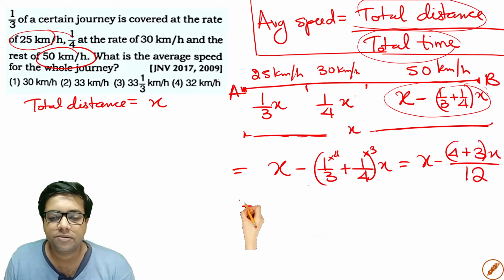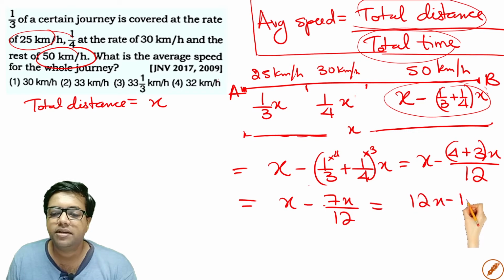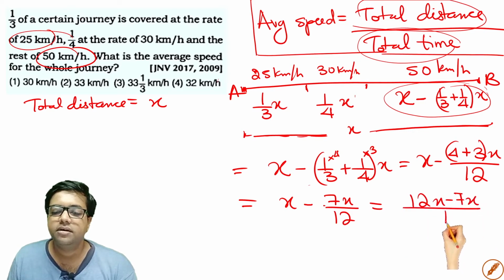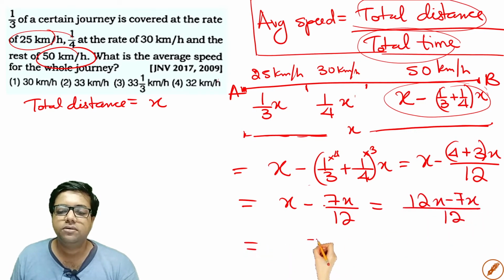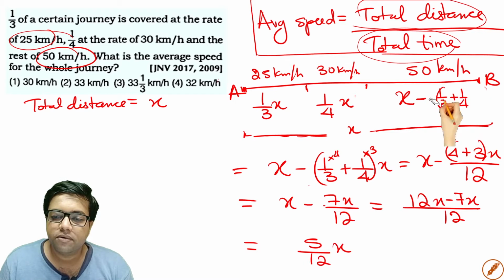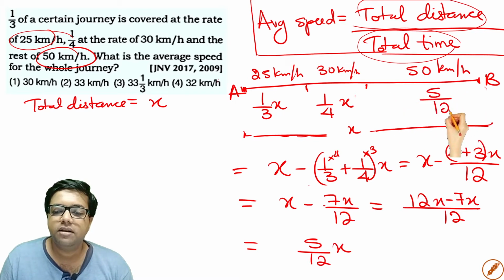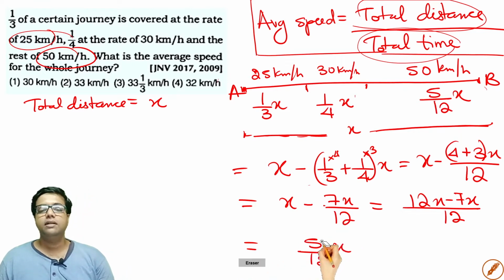So I will get x minus 7x by 12, which is equal to (12x minus 7x) by 12, or 5 by 12 x. So this whole term will be 5 by 12 of x.